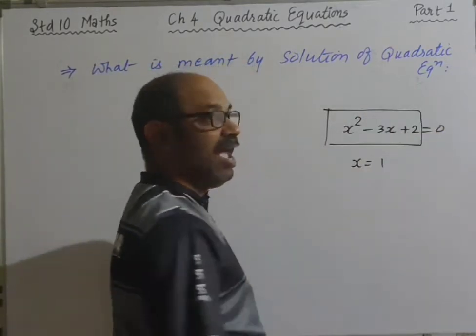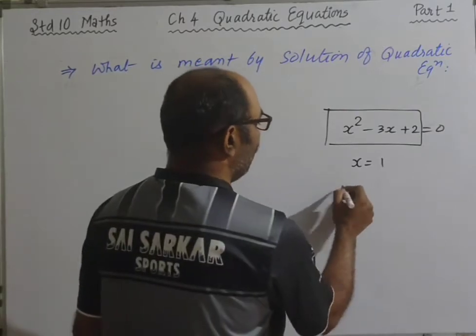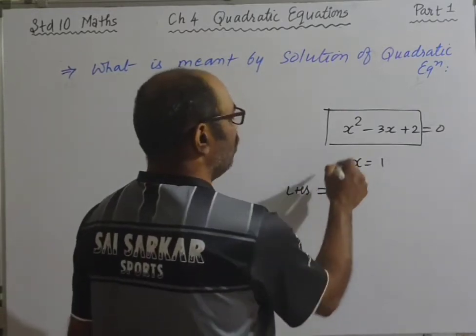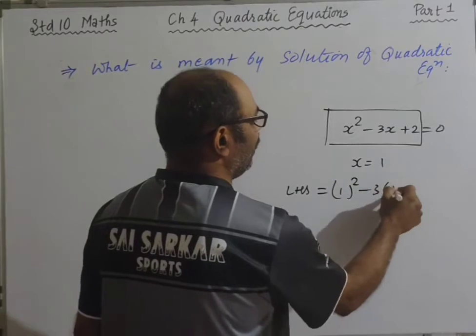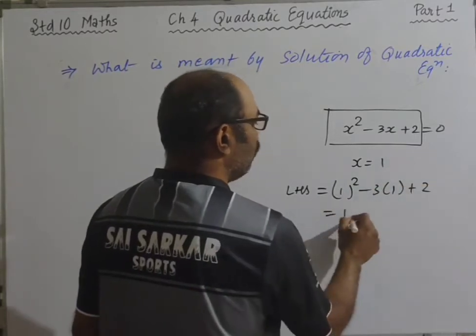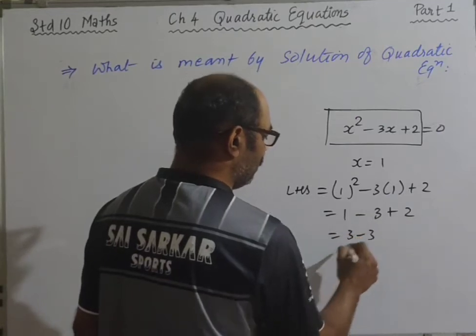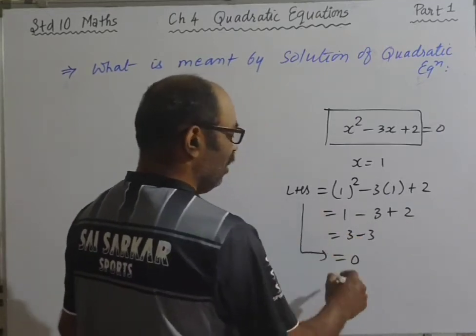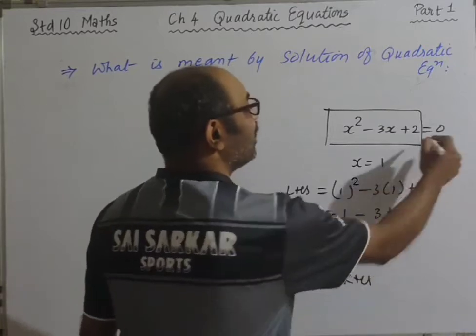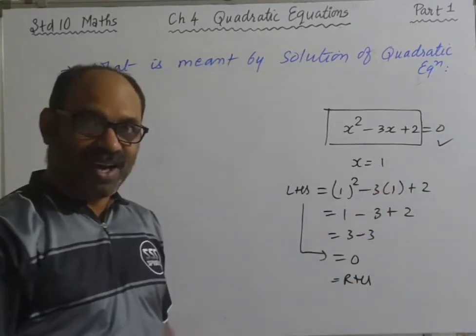So the left hand side is equal to 1 square minus 3 into 1 plus 2. So 1 minus 3 plus 2. 1 plus 2 is 3, 3 minus 3 is equal to 0. And that is equal to RHS. Satisfied.